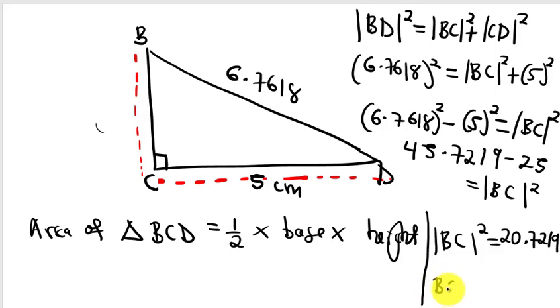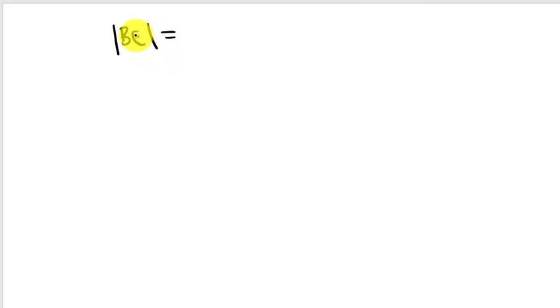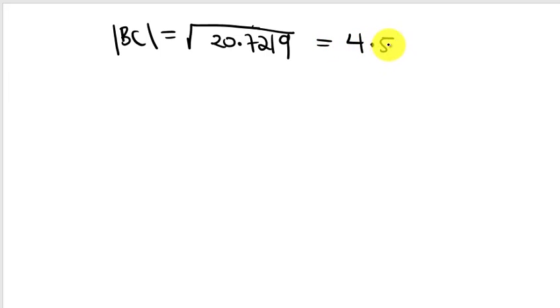Therefore, our BC will be equal to the square root of 20.7219, and this will give us 4.5521. So this is our BC.